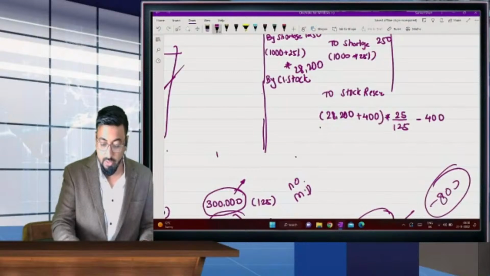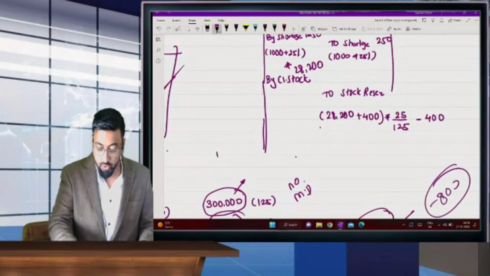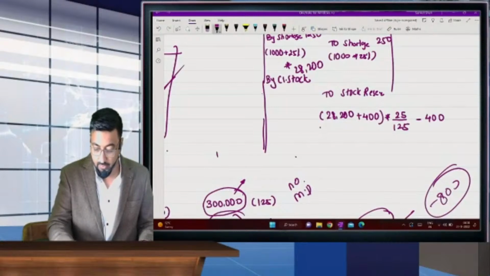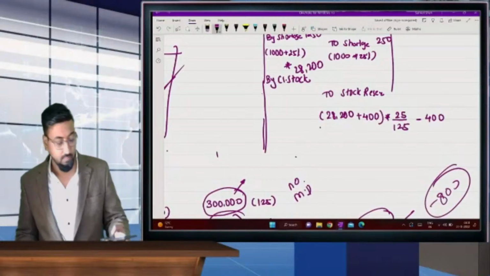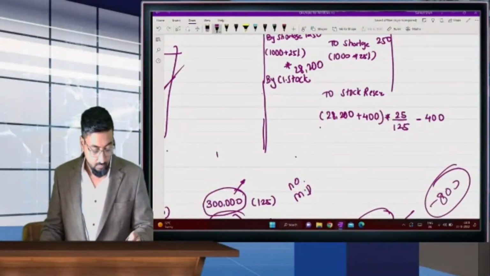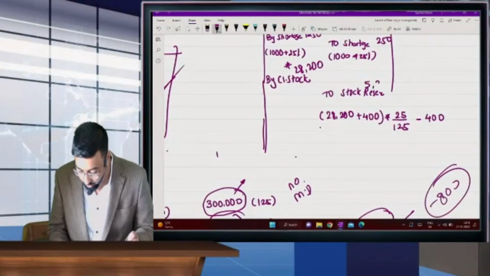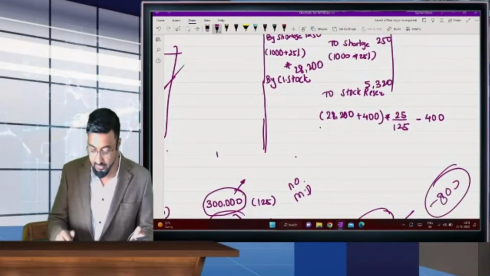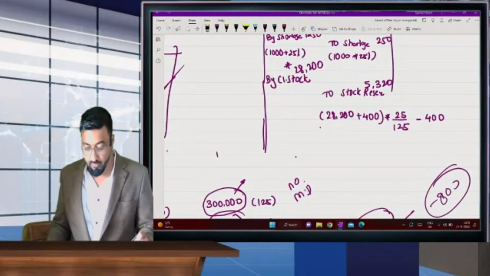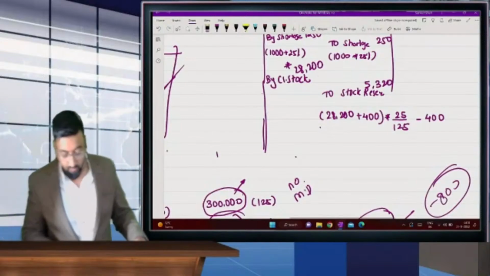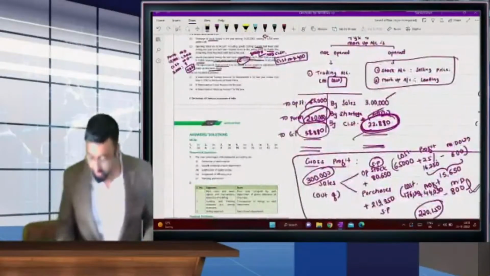So see, 28,200 plus 400 into 25 divided by 125, 5720 minus 400. So I will get the figure 5320. And see, 28,200 minus 5320, I am getting the same answer, 22,880. See the answer, 22,880.